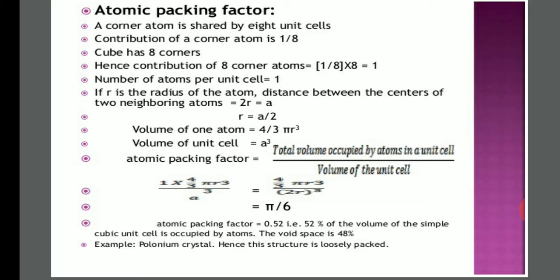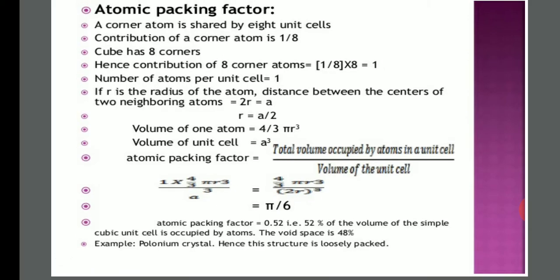So volume of one atom is equal to 4 by 3 pi r cube, and volume of the unit cell is a cube. So atomic packing factor equals total volume of atoms in a unit cell divided by volume of the unit cell. That is, 1 into 4 by 3 pi r cube divided by a cube. You have to know that a equals 2r.